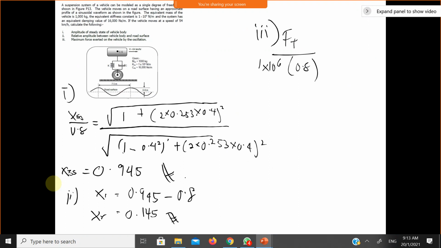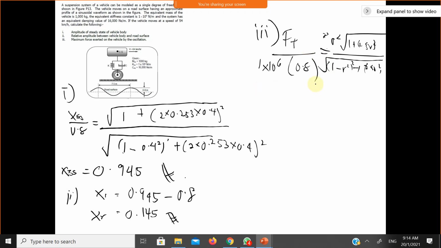Okay, and then equals to, terus kita ambil yang mana? Sekejap. Rumus dia adalah R square... set 1 plus 2 zeta R square over 1 minus R square square plus 2 zeta R square set.